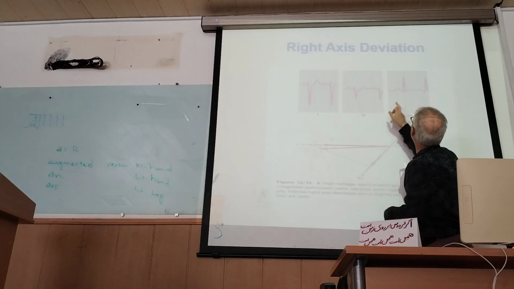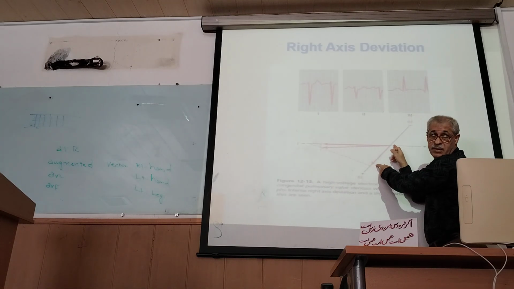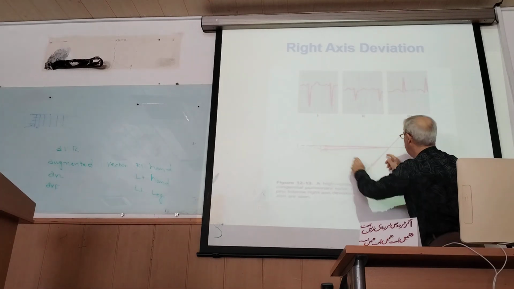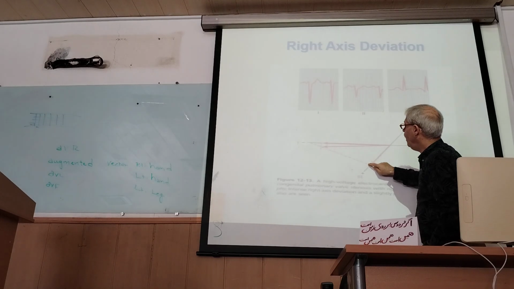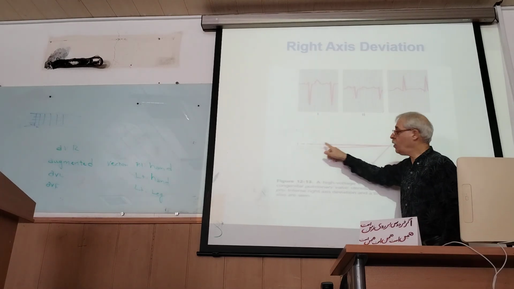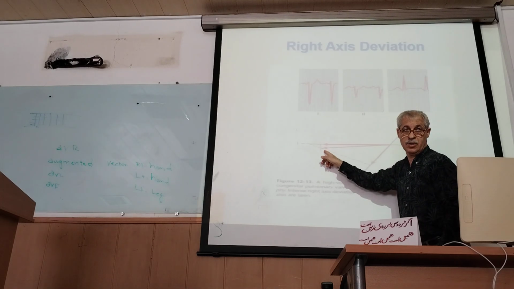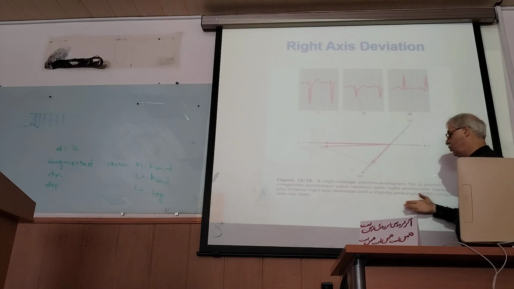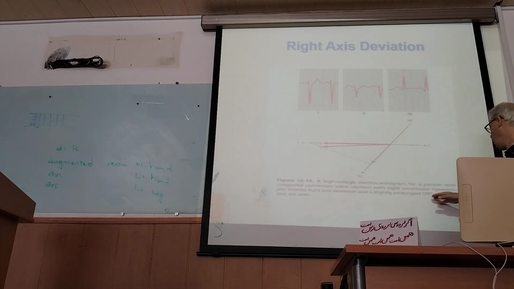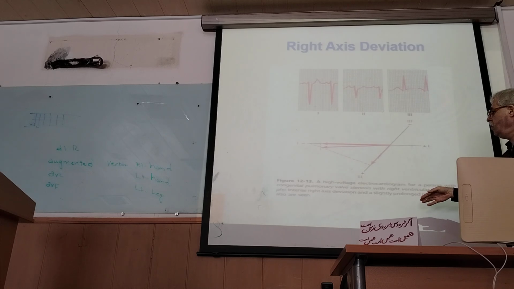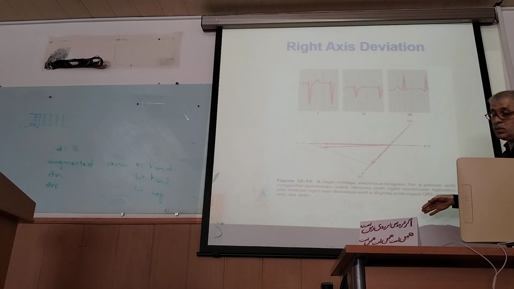In lead 3, it is positive. Now make a projection. From here, make a perpendicular line. This is the projection vector, and the angle is mentioned somewhere here.